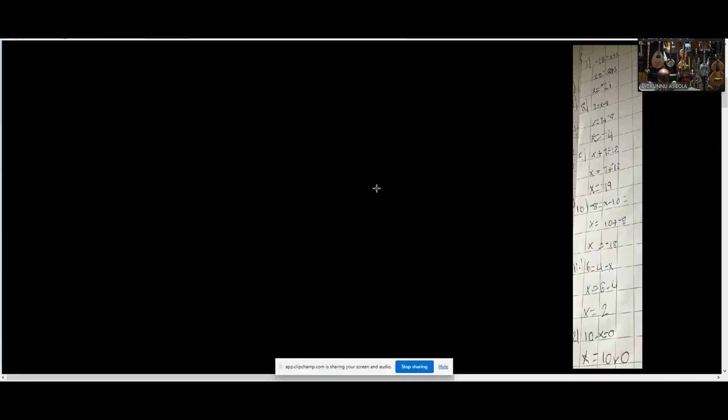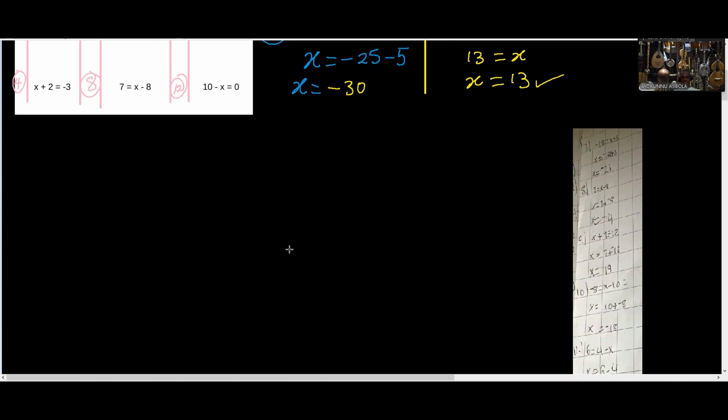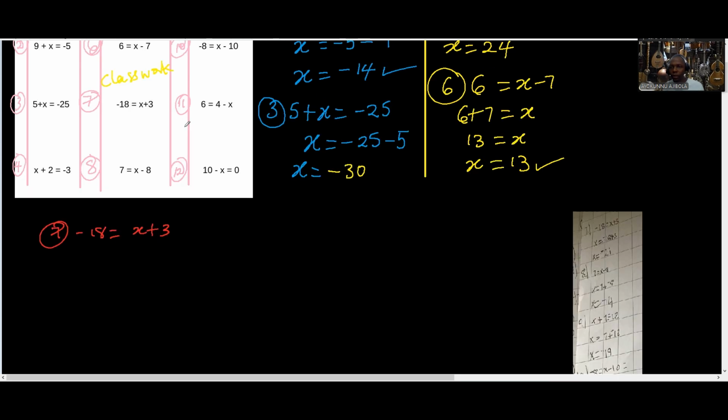Question 7 says negative 18 equal to x plus 3. Number 7. Negative 18 equal to x plus 3. So the 3 is going to meet the negative 18, okay?